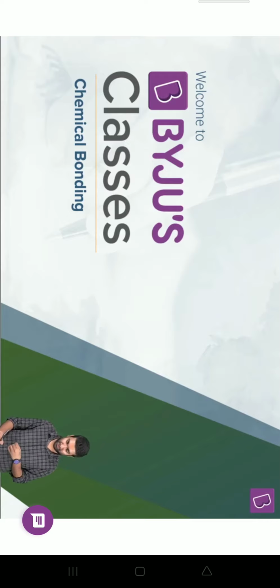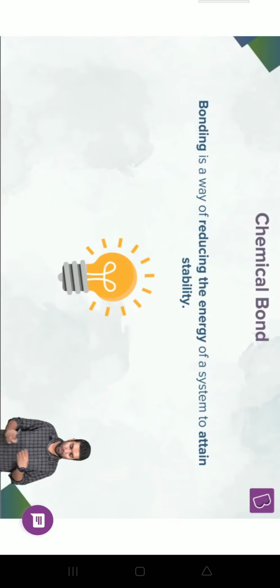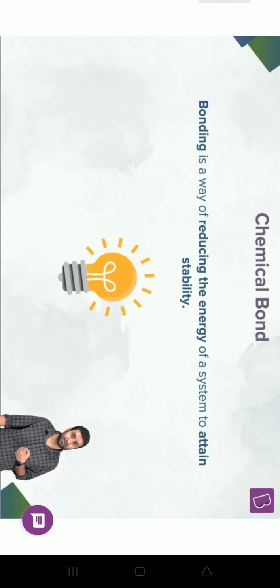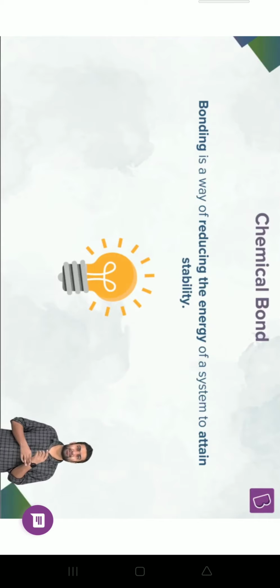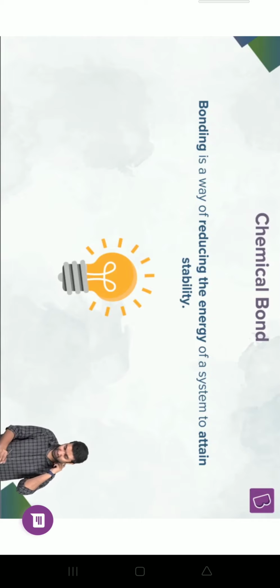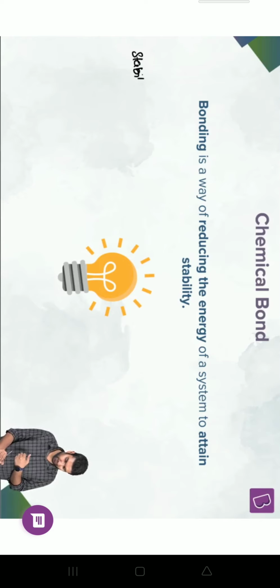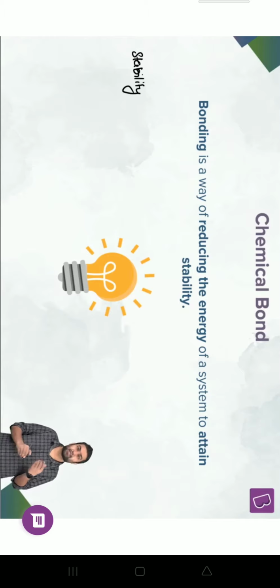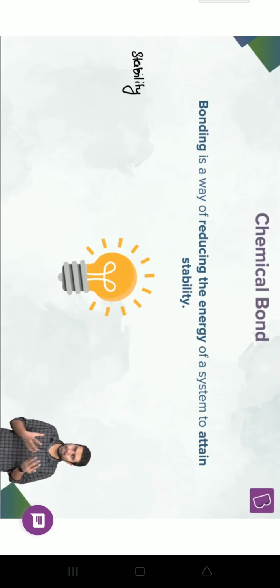So chemical bonding is the name. Let's start with essentially what bonding is. Bonding can be said to be a way to achieve stability. Now always remember in chemistry, or in general as well, whenever we talk about stability, what we essentially mean is that if something is stable, it wants to remain in its current state.